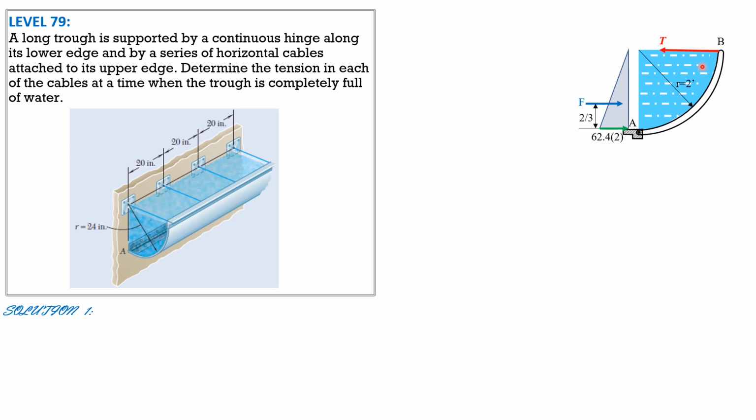Then we have the weight equivalent to this quarter circular arc. So specific weight of water times volume, that's W. The distance of W from A is the centroid of a quarter circle, which is 4r over 3 pi, or 4 times 2 over 3 pi.